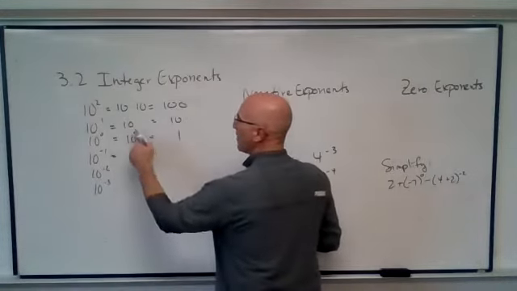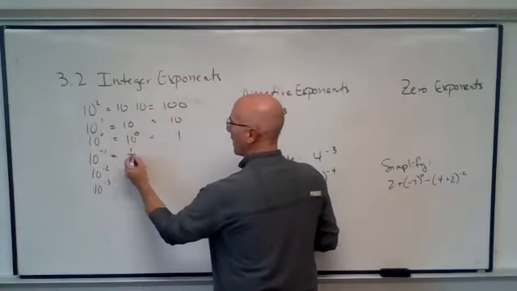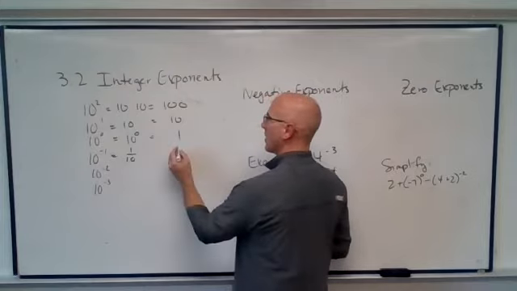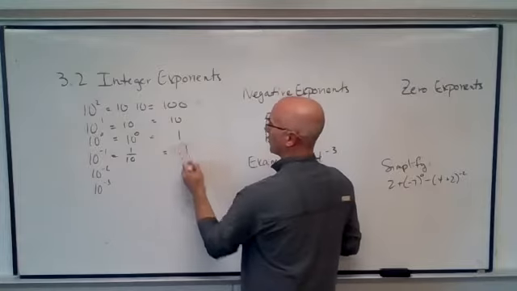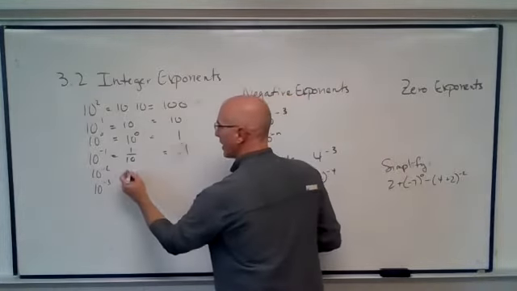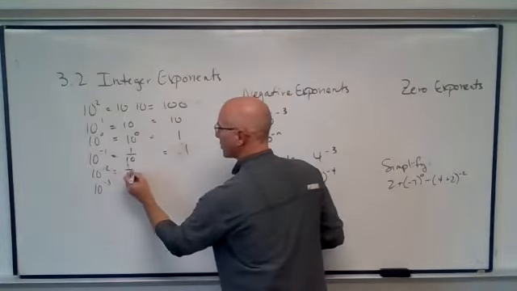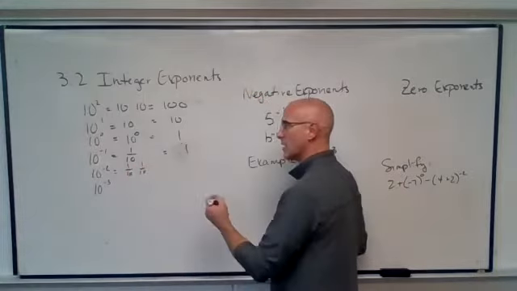10 to the negative 1 power, that is a fraction that we put into the denominator, so that's 1/10. Or let's write this as a fraction or a decimal. 10 to the negative 2 power, that's 1/10 times 1/10.